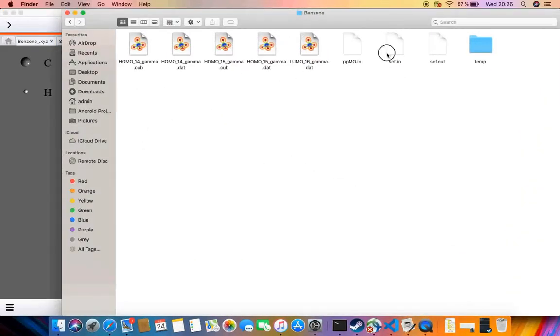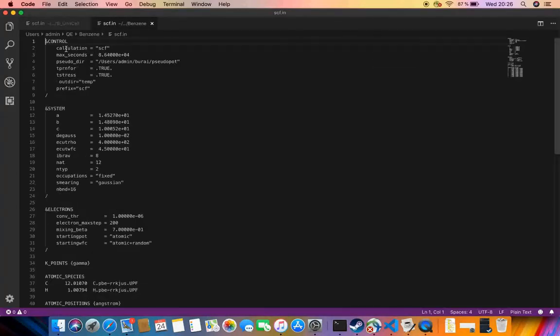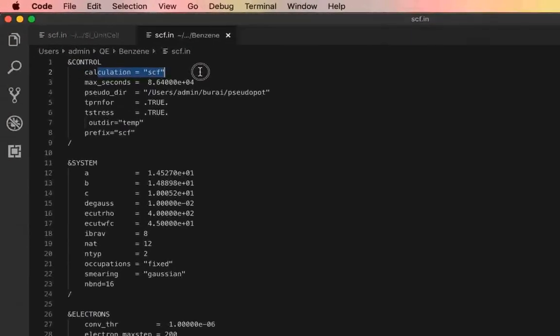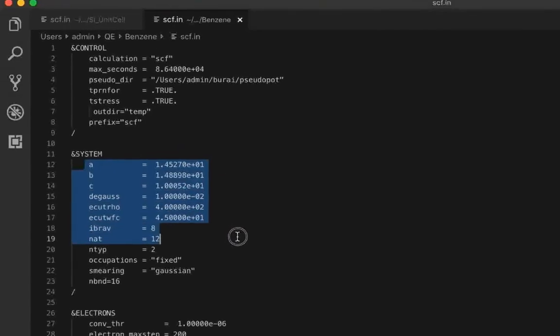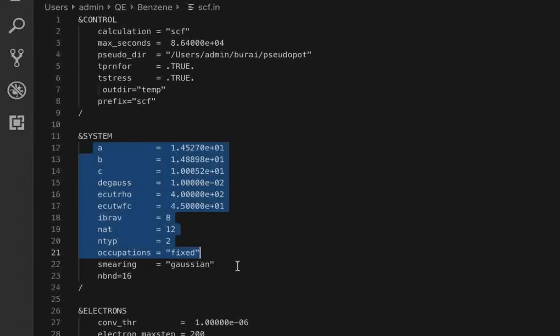For benzene, the input file is pretty simple. We are performing an SCF calculation, and then I specify the pseudopotential directory, and I told Quantum ESPRESSO to calculate the forces as well as the stress. Then I made a large enough orthorhombic unit cell, so that there is at least 10 or 11 angstrom of vacuum on all three sides.